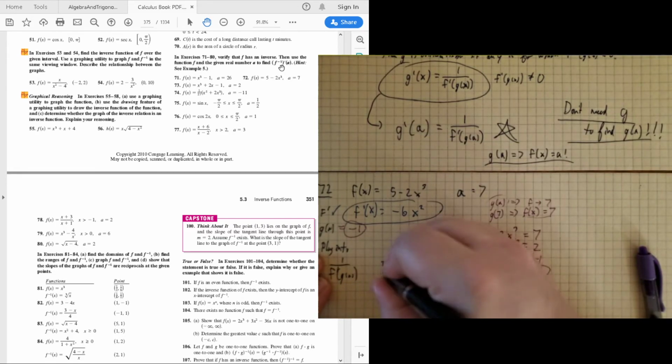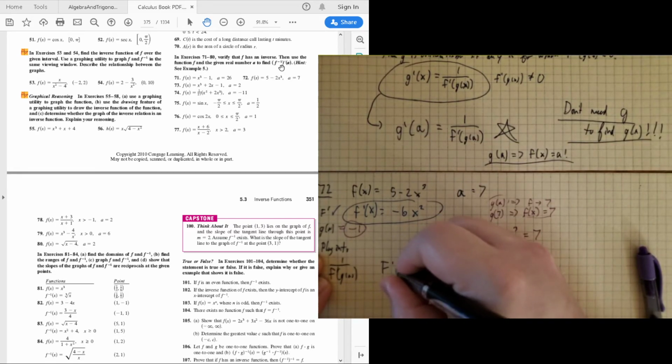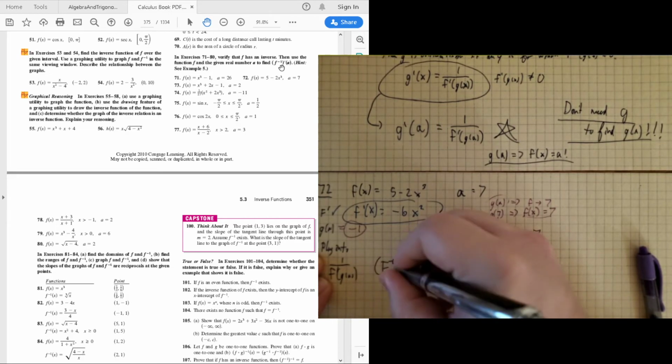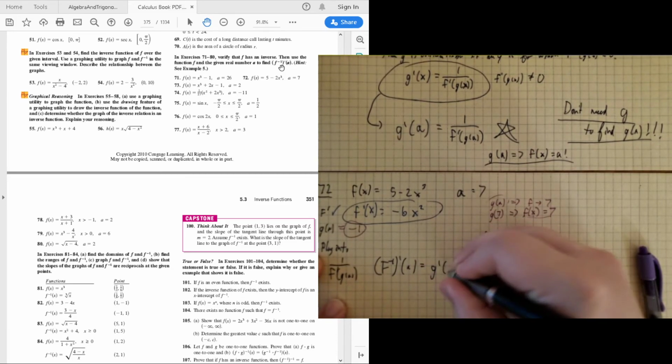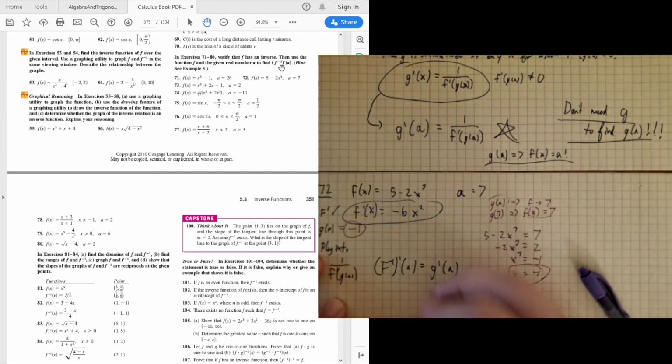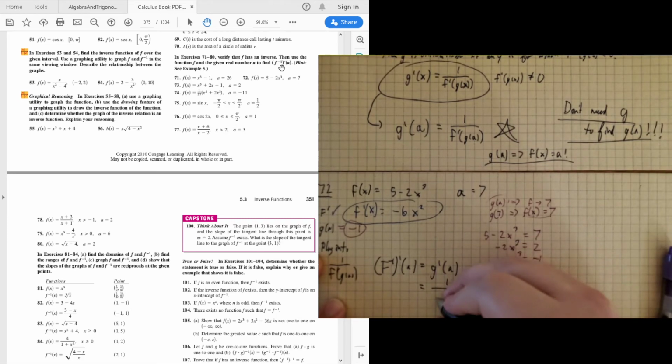So if I want to find f inverse prime of a, as it suggests in the book, what this really means is find g prime of a, which according to our theorem, theorem 5.9, is 1 over f prime of g of a, which means I have to do 1 over f prime of negative 1.